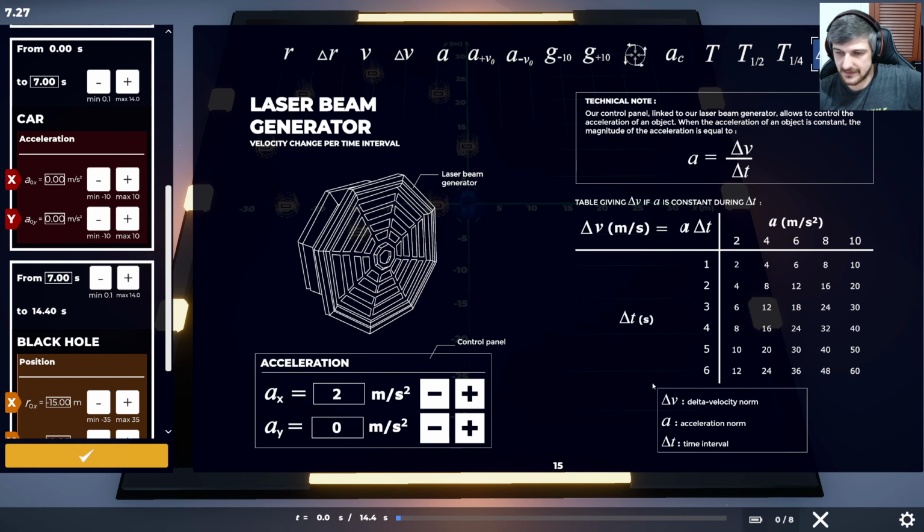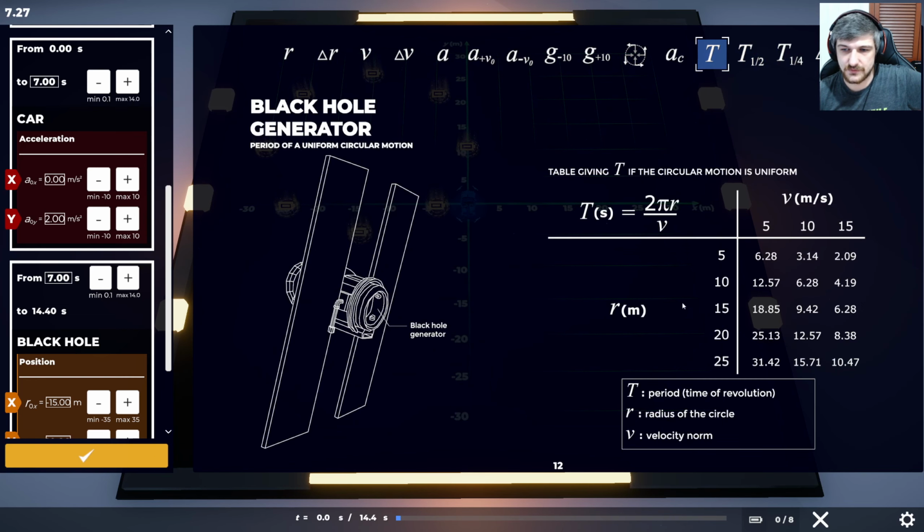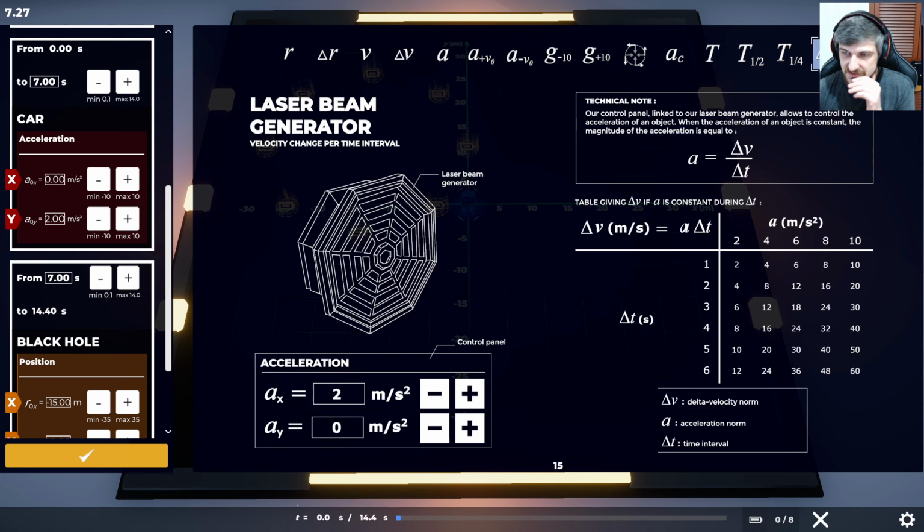So we're accelerating 5 seconds to get to 10. That's fine. We get here in 5 seconds. But then we want to do a full round and we're going 5 and the radius is 15. This is too slow. So we actually need to get a little bit faster.